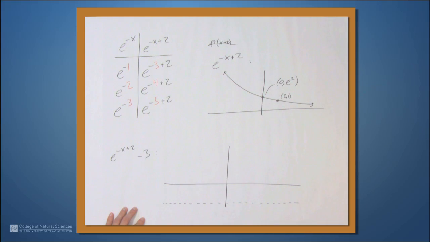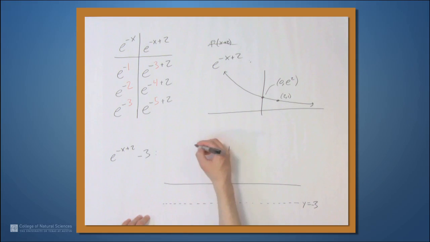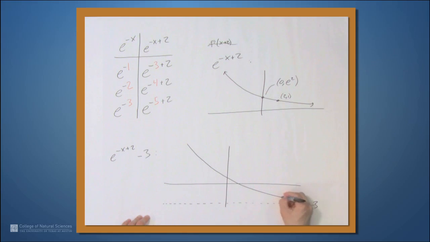Before we didn't need to draw the asymptote explicitly because it was just the x-axis. Now if we're shifting down by 3, the horizontal asymptote also shifts down by 3. So this is the line y equals negative 3. And now we shift this curve down, and it's going to look something like this.